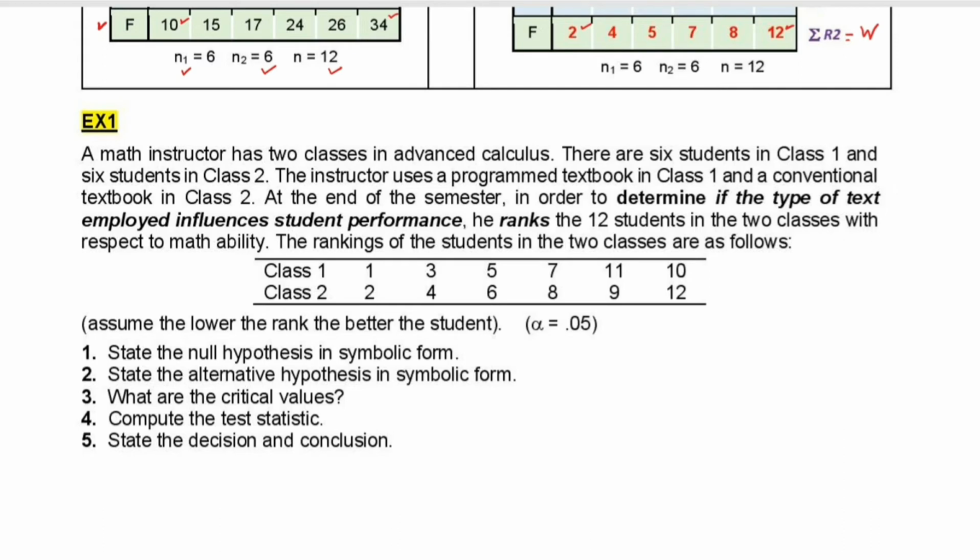Okay, read again. There are 2 classes, therefore they are independent samples, totally 12 students, and type of text.